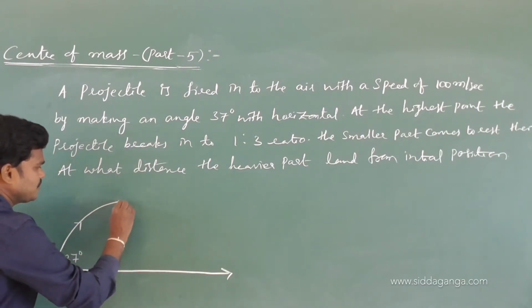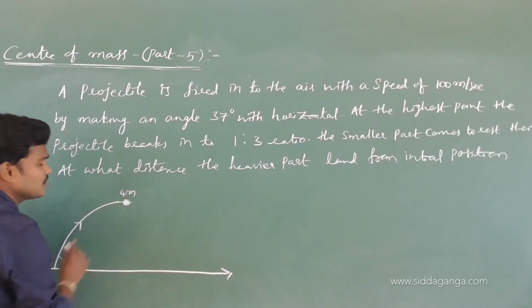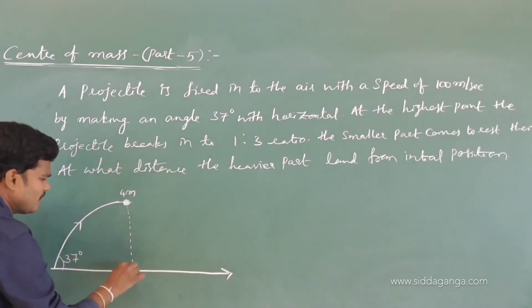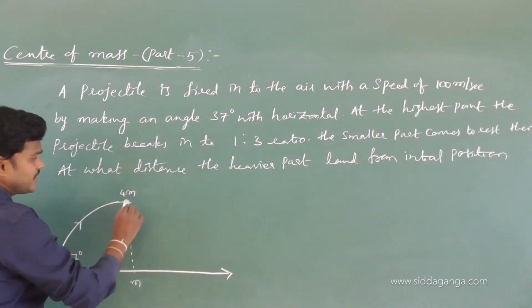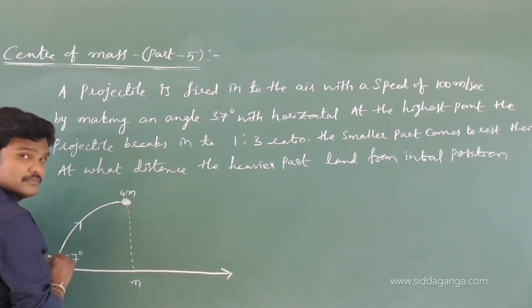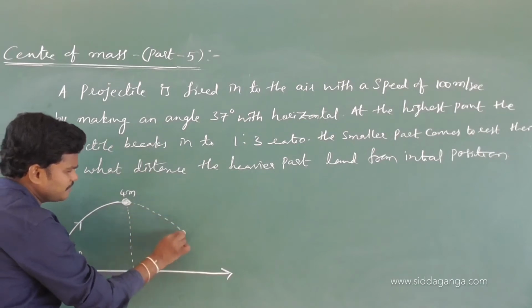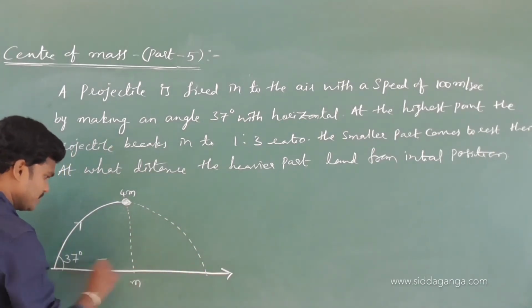A 1:3 ratio means the total mass is 4m. At the highest point, one particle immediately comes to rest. The original mass is 4m. After the explosion, the center of mass will follow the same parabolic path.